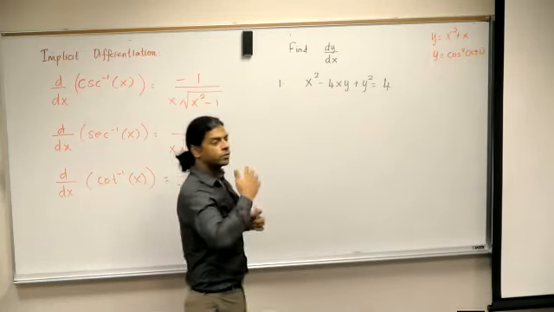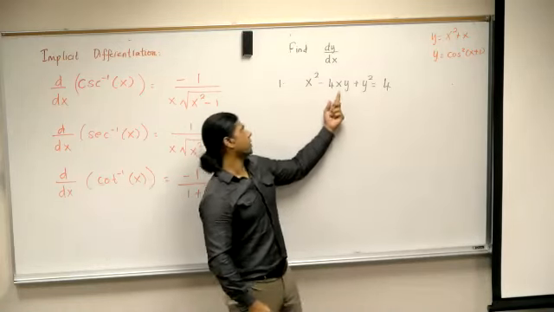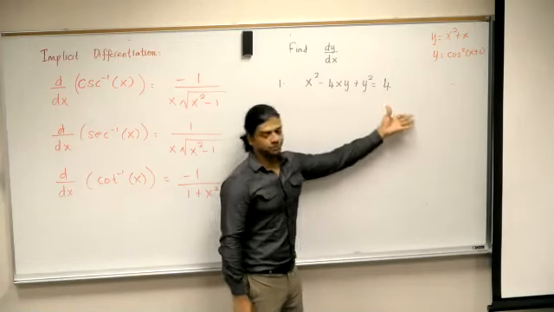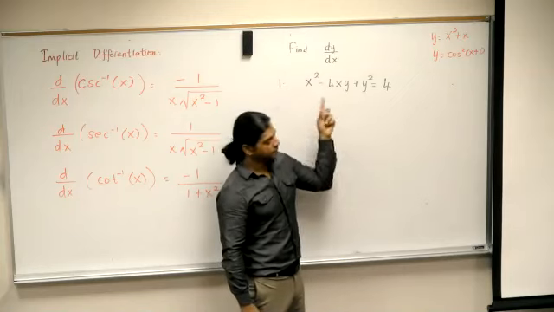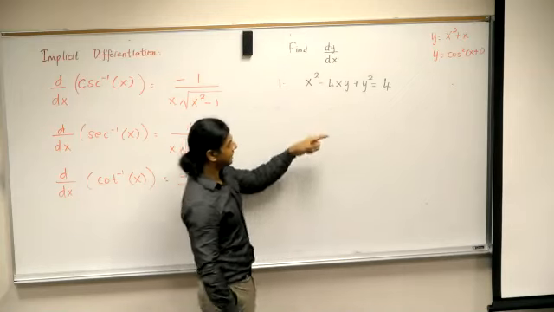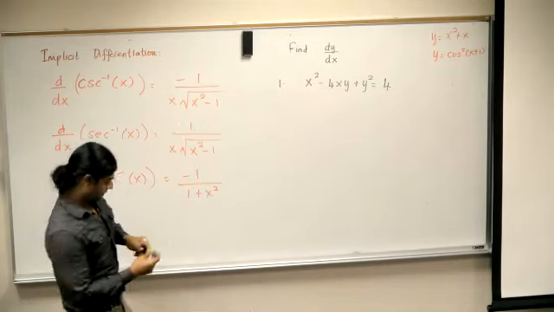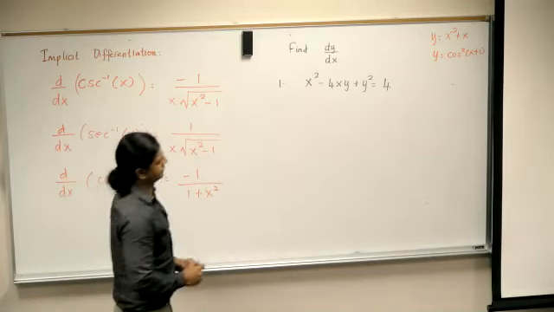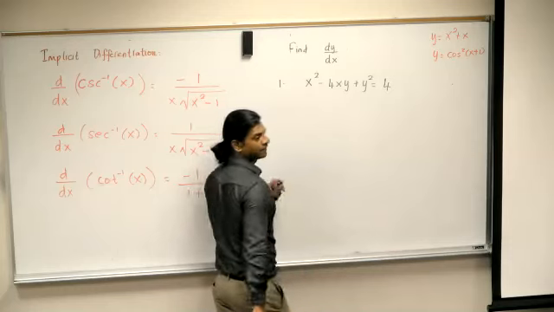So y was always a function of x. But now there is y, and there is a function of y. And then I've got a bunch of x's, correct? So y will depend on y implicitly. So that is an implicit case.